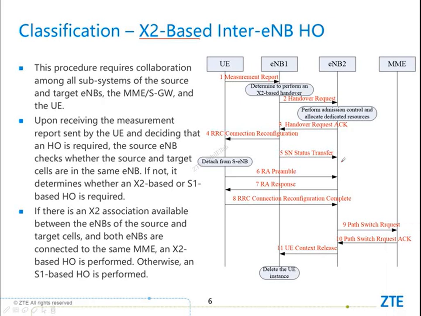That means the eNodeB 1 should send the PDCP sequence number to the eNodeB 2. So the eNodeB 1 will send all the information of this UE to the eNodeB 2 because now this UE is ready to hand over to the eNodeB 2, right? Okay, so after steps 6 and 7, the UE has already handed over to the eNodeB 2.